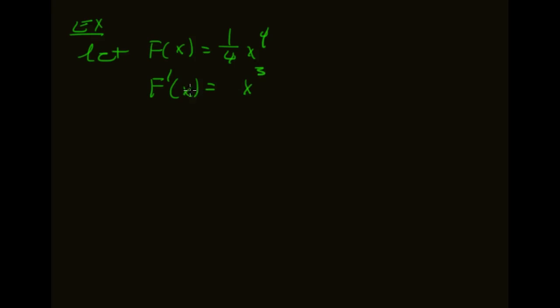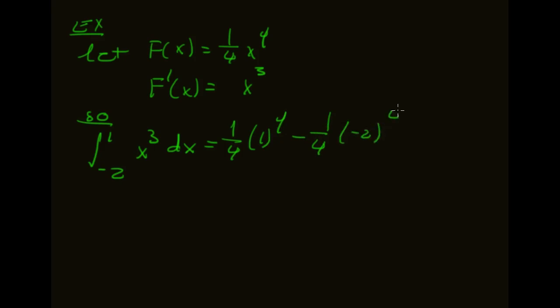So the argument here is that I can calculate the integral from -2 to 1 of x cubed dx, which should be 1/4 at 1 to the 4th minus 1/4 at -2 to the 4th, right?